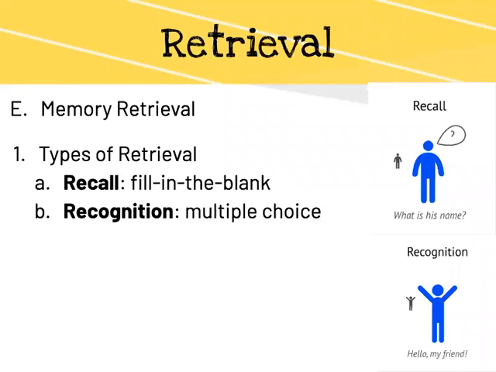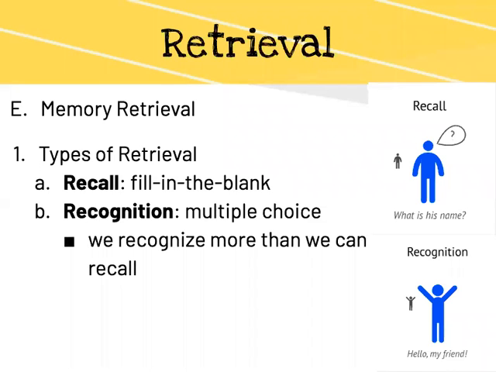I guarantee that you would rather have a fill in the blank test with a word bank than without, because then you can recognize the words to put into the blank. So again, it is easier to recognize in comparison to recall. Here I have it explicitly stated: we recognize more than we can recall. If I see a person, I'll recognize their face, I know that person's familiar to me, but to recall their name may be more difficult.